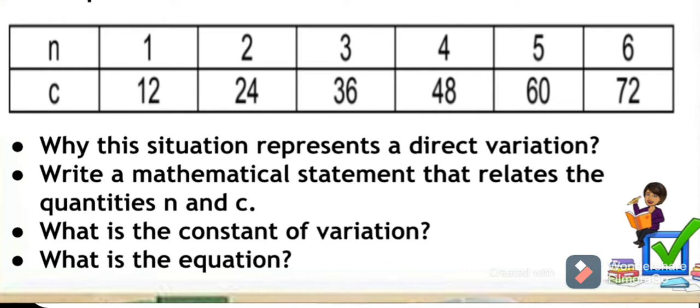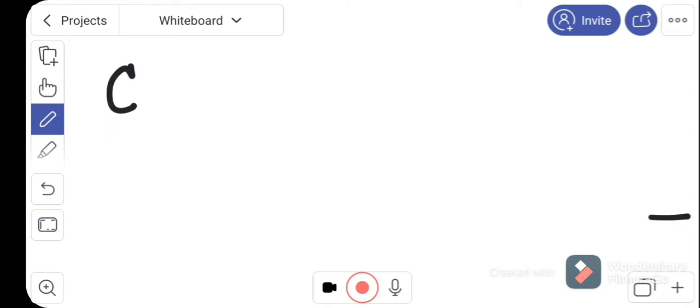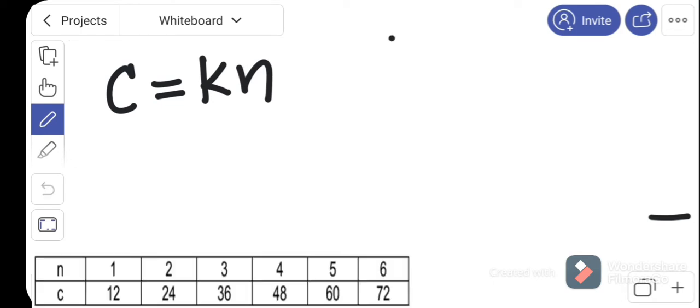Now let us write the mathematical statement that relates the quantities n and c. For this, we can say that c varies directly with n. And then we are going to solve for the constant of variation.